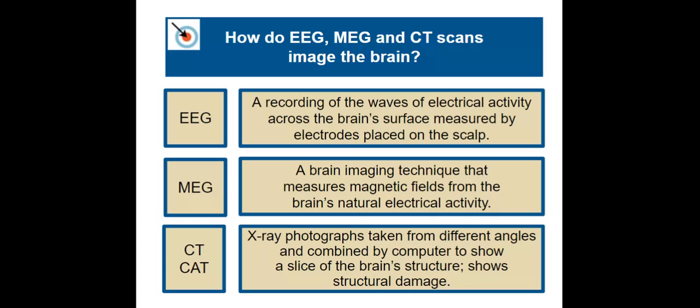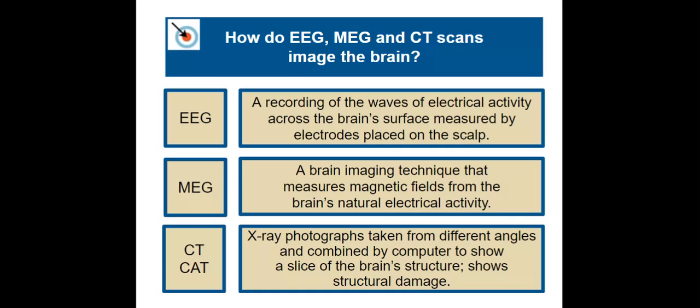This is particularly effective for those soldiers who suffer from PTSD, or post-traumatic stress disorder. People that have PTSD actually have stronger magnetic fields in the visual cortex. So when they see flashbacks, which is a common occurrence for people that have gone through PTSD, their magnetic waves in their brain activity will actually increase. So an MEG, through the coils, will read the increase of magnetic fields created by the electric impulses sent by the neurons.